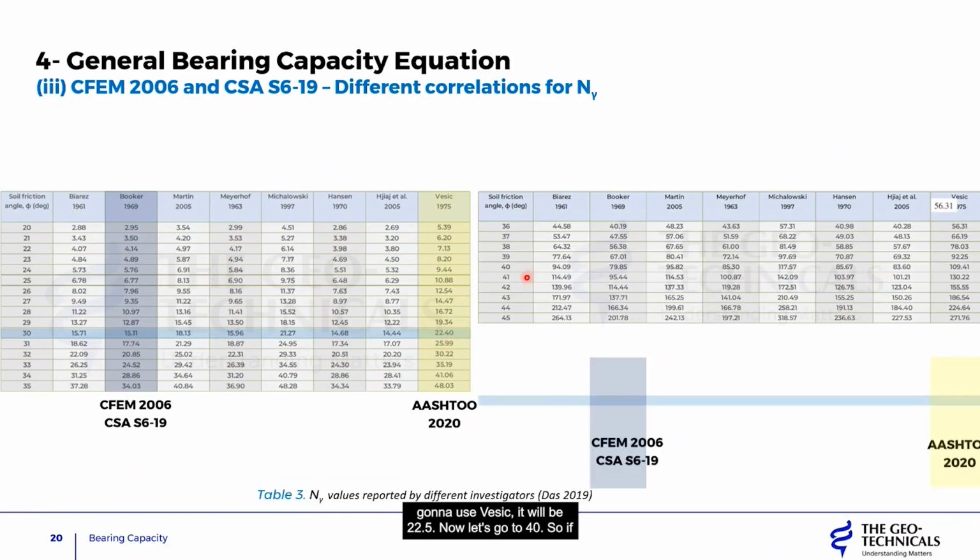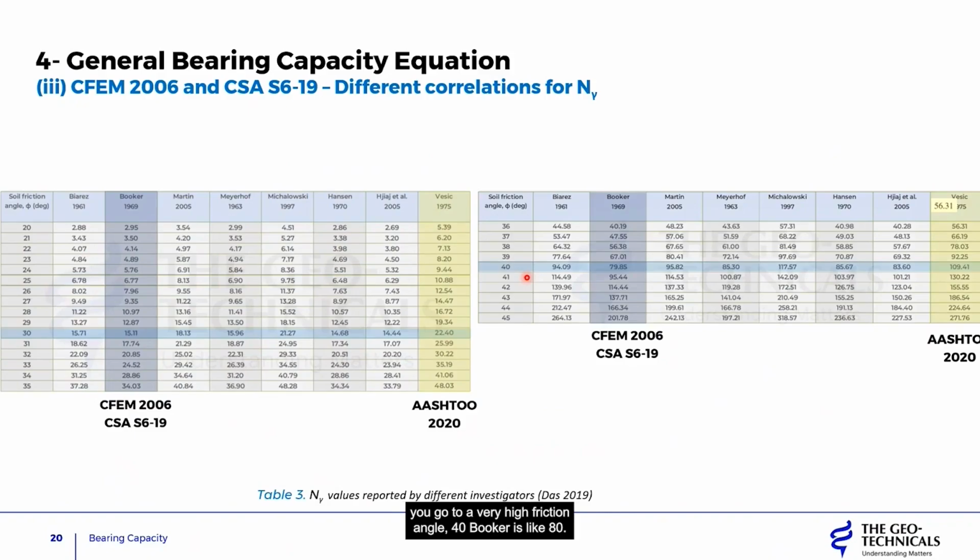Now let's go to 40. If you go to a very high friction angle, 40, Booker is about 80, Meyerhof is 85, close by, and Hansen is very close to Meyerhof, 85, but Vesic is 110.